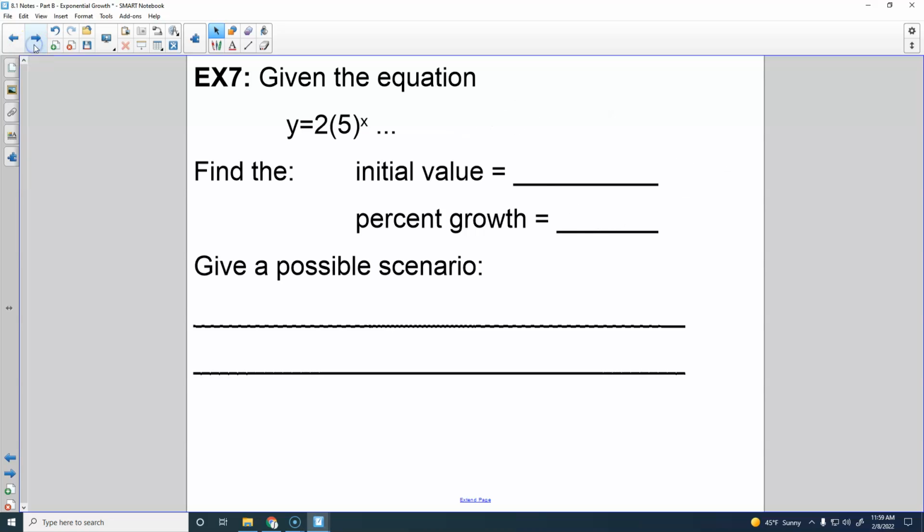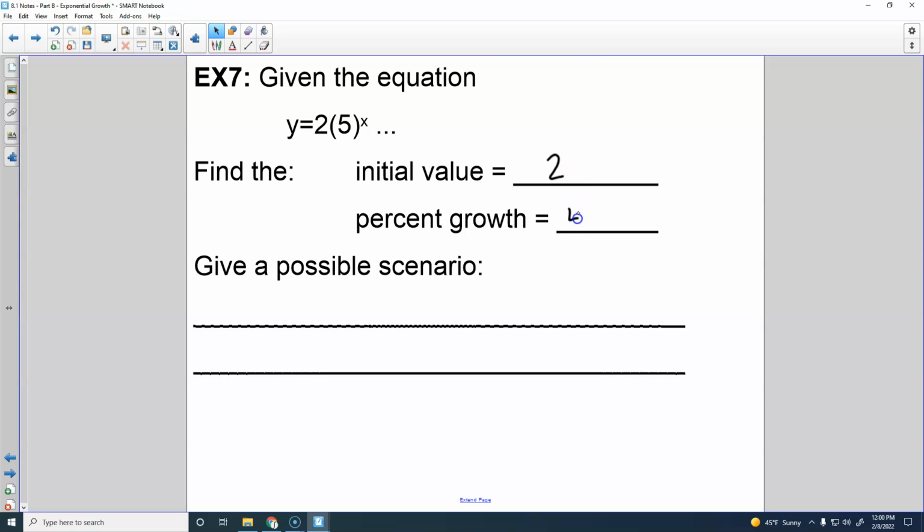All right. For number 7, Owen, what's our initial value? 2. All right. Vince, what would the percent growth be on this one? Not just 4.